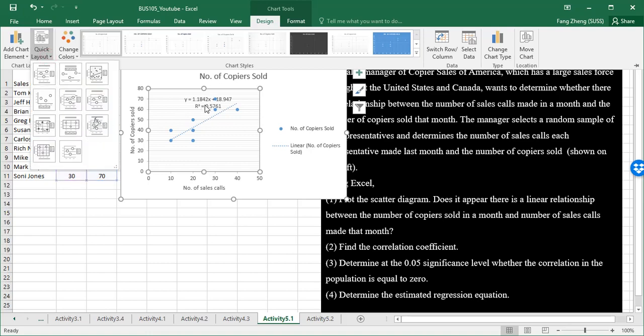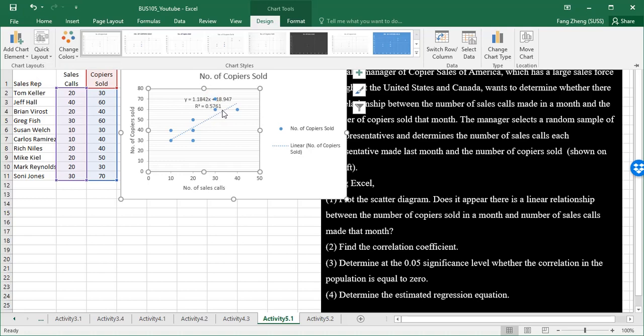After I click that one, it gives us the linear relationship line and also the linear regression equation. So this actually helps us answer question number 4, determine the estimated regression equation. That one is y equals 1.184 times x plus 18.945. And as shown, the coefficient of determination is 0.5761.